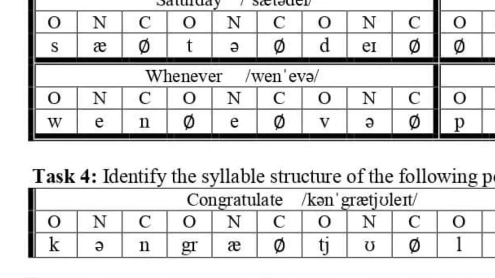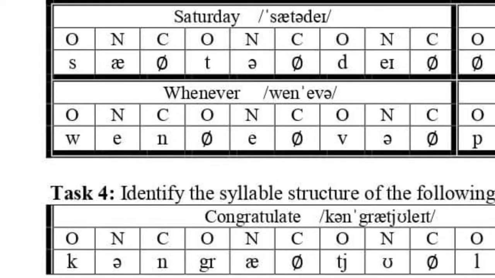The third word is whenever. In this word, which is composed of 3 syllables, in the first syllable, the onset is w, the nucleus is e, and the coda is n.